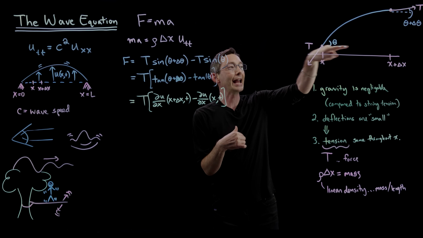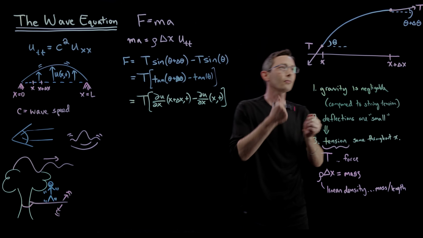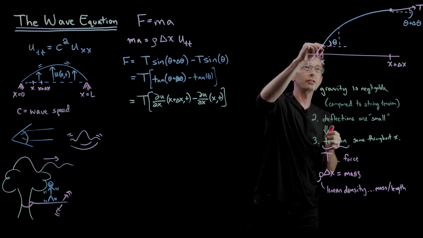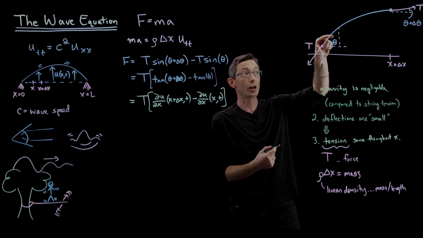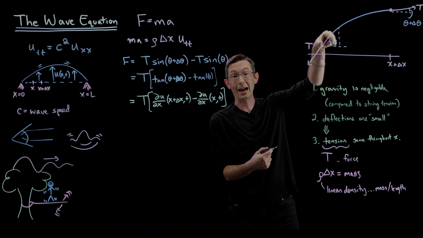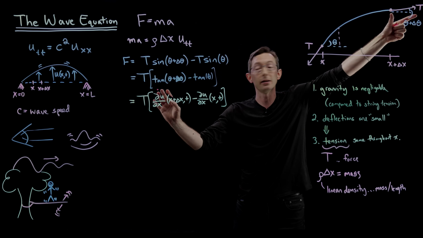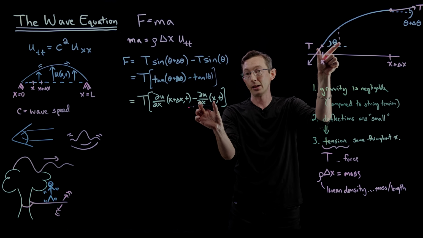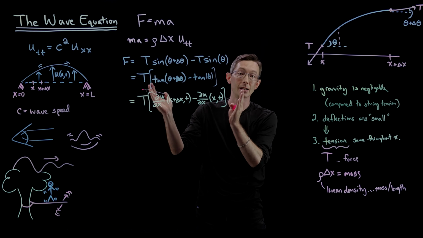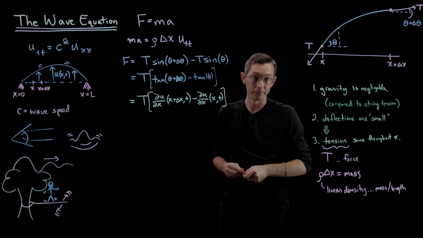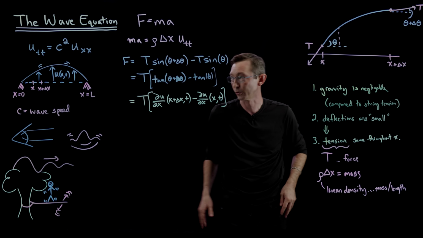And now tan of theta is essentially the change of u with respect to x. Partial u, partial x here minus partial u, partial x here, times tension, is the force in that string.